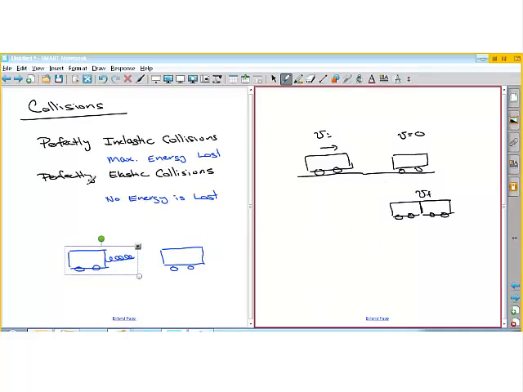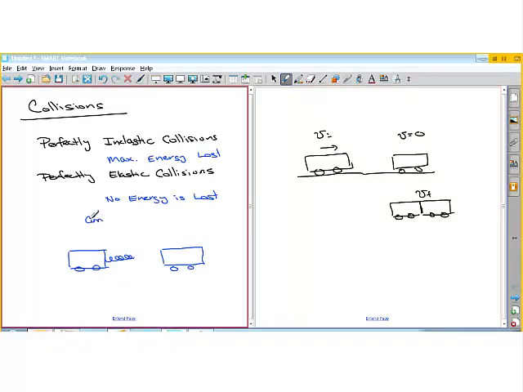So here, for perfectly elastic collisions, what we do is we apply conservation of energy, which we learned in Chapter 5. This gives us an additional equation that allows us to solve for the unknowns. As we referred to previously, when you have conservation of momentum, you typically have two unknowns and one equation, so you need another equation.